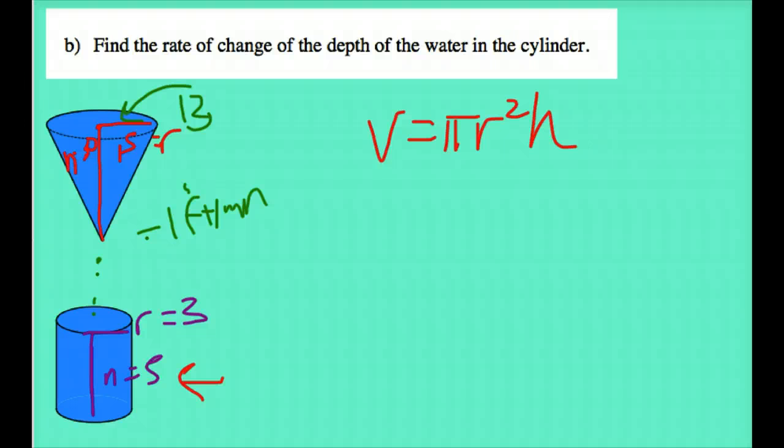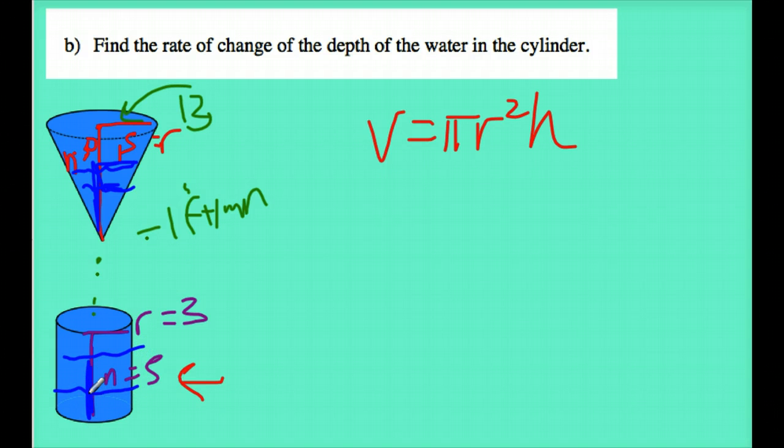In the picture of the cone, as the water level decreases, don't you see that the height and the radius change? Whereas here, as the water level decreases, only the height changes.